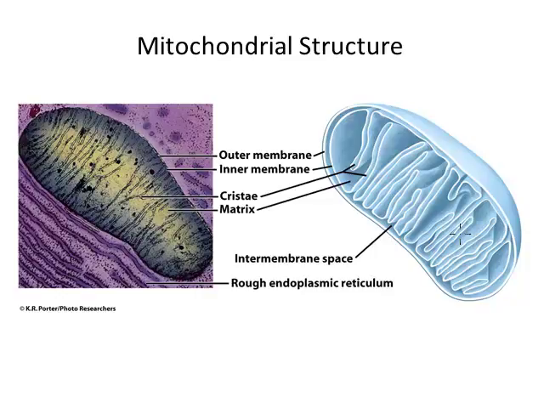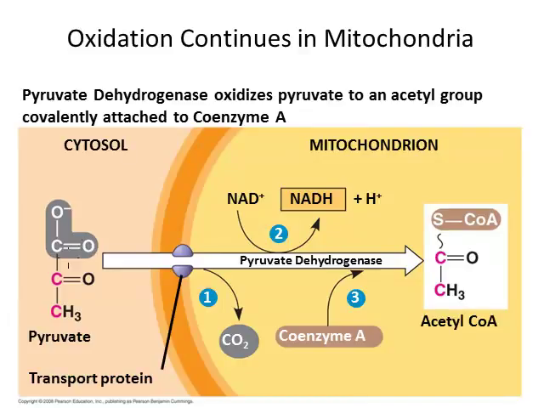To complete the oxidation of pyruvate, it is transported into the matrix of the mitochondrion. Here's our pyruvate, the product of glycolysis in the cytoplasm of the cell. Here on the right is the mitochondrion, outer membrane, inner membrane, matrix. Pyruvate is transported across both mitochondrial membranes into the matrix.